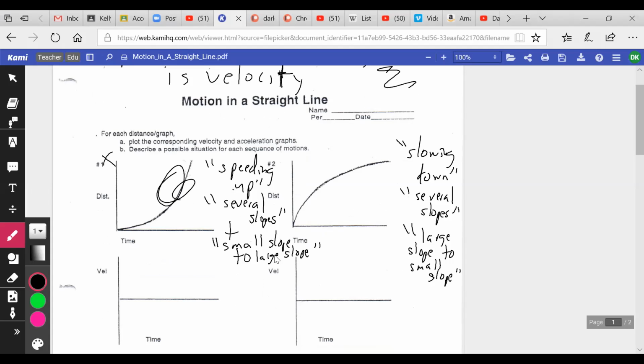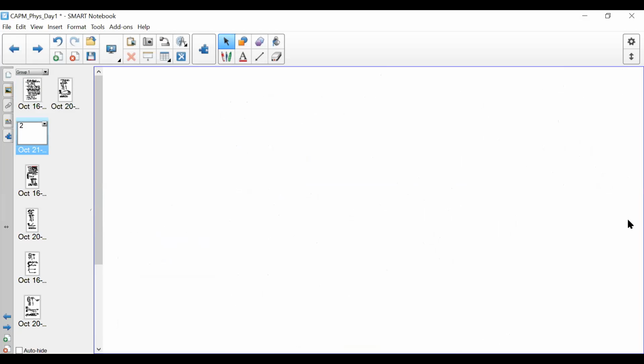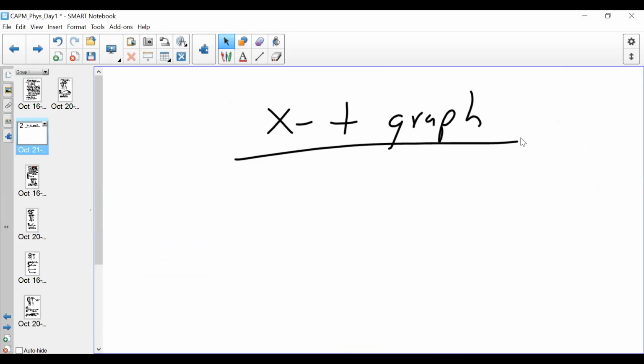So the small slope that we see here, let me just go back. I want to do this a little bit more robustly. Okay, so if you're taking notes, let's say that we have a position time graph.